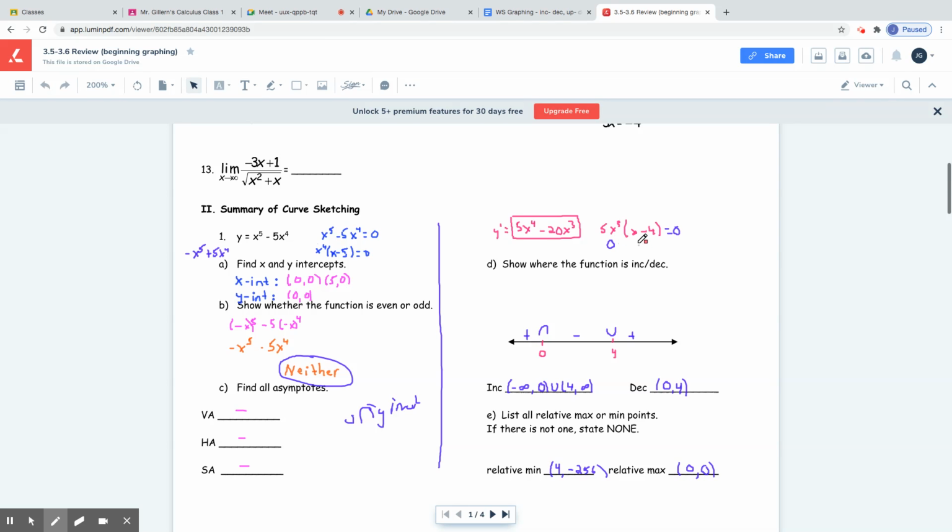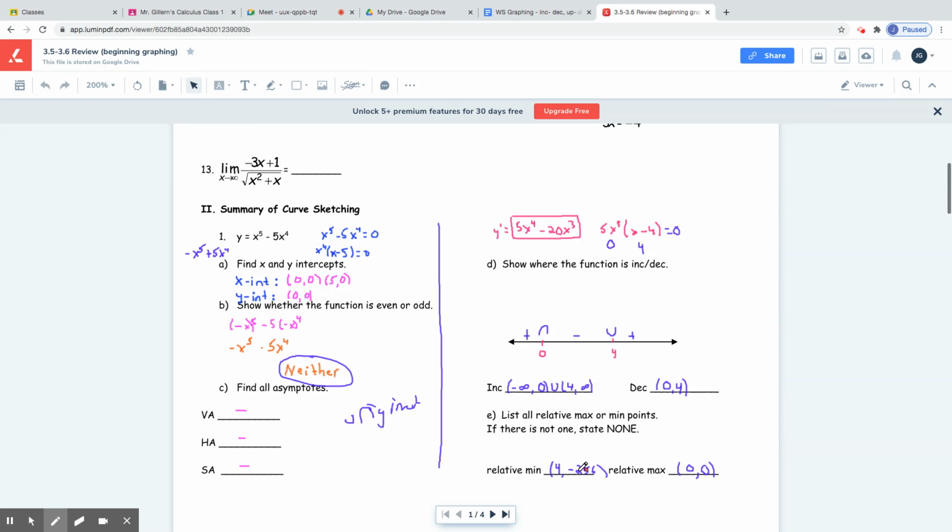So that gives me a 0 and a 4. That's why I have 0 and 4 on my number line. Then I substitute in values, and it happens to be positive, negative, positive, which leaves me with increasing from negative infinity to 0, union 4 to infinity, decreasing from 0 to 4. At 0, I have a relative max, and at 4, I have a relative min.